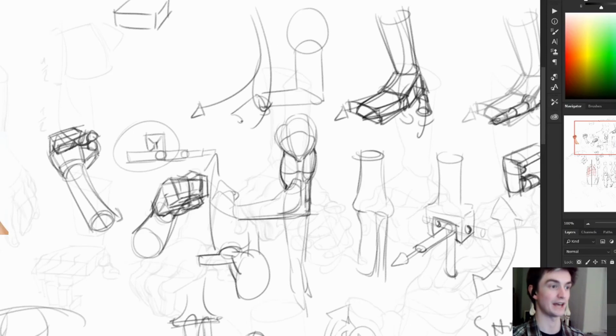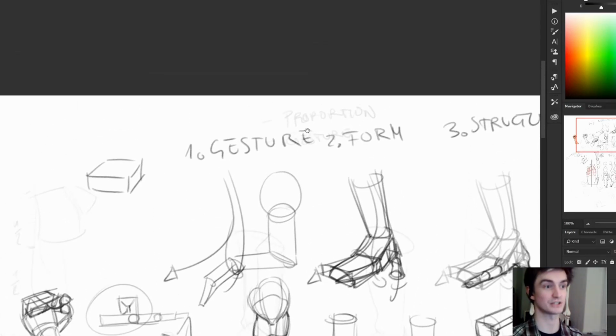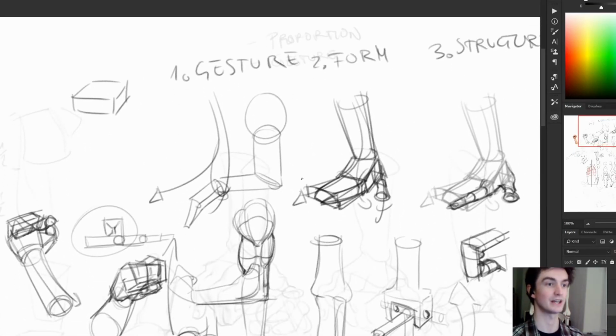Then the hand I can also draw as boxes or cylinders. It's at my discretion how I simplify things. The important bit is that I understand the forms that I'm simplifying. And the proportions, right? Proportion, gesture, and form are very important to get this down. You just keep repeating these ad nauseum to get where you want to be with your studies.